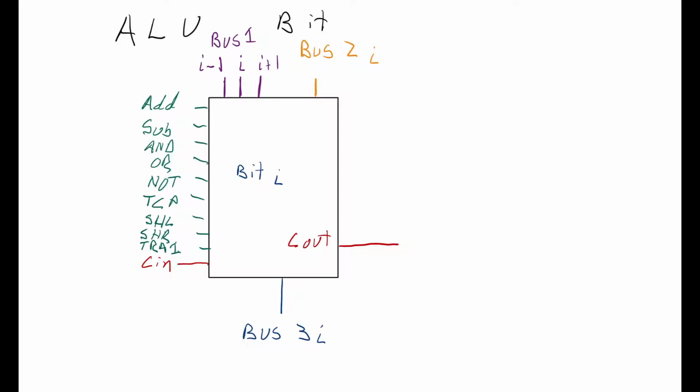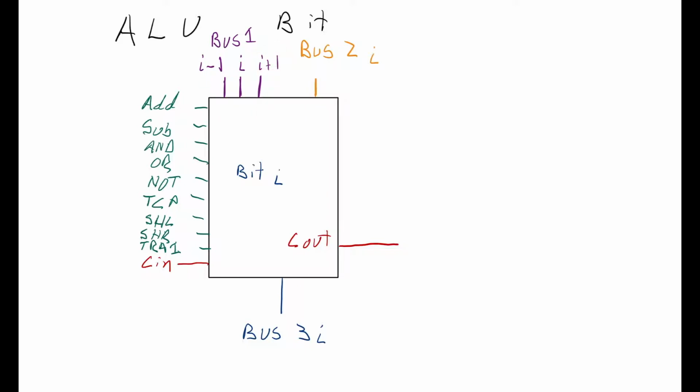So if we place this down and say, okay, you're going to operate on bit 5, then the output coming out would be bus 3 bit 5. That's basically everywhere you see I gets replaced with 5. So we'll take in bus 2 bit 5 for input, bus 1 bit 5 for input on this one, and then 5 minus 1 would be 4, and 5 plus 1 would be 6.